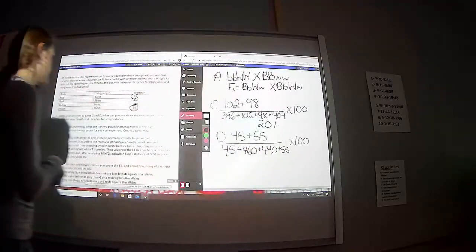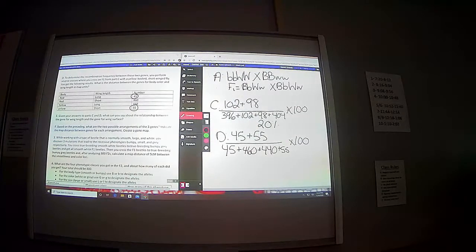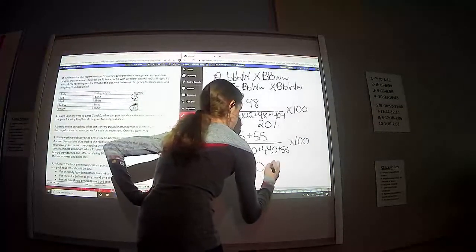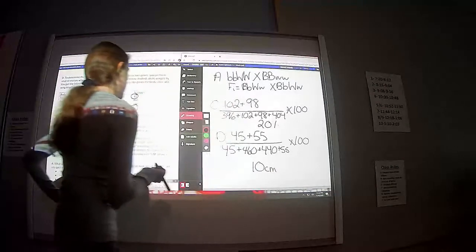Multiply that out times 100. And you should get about 10% or 10 cM. And that's going to be our map units.